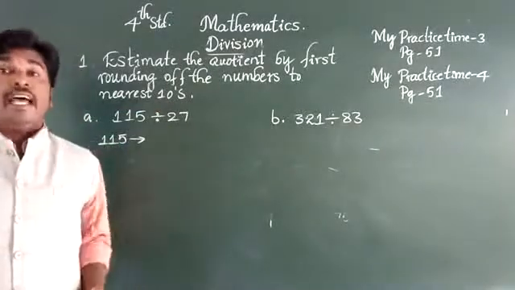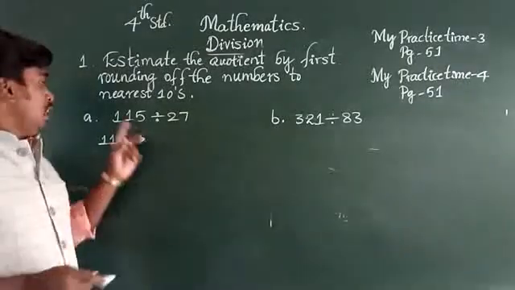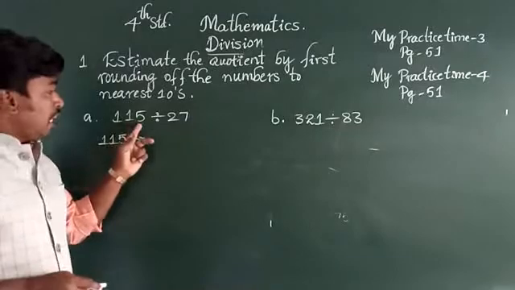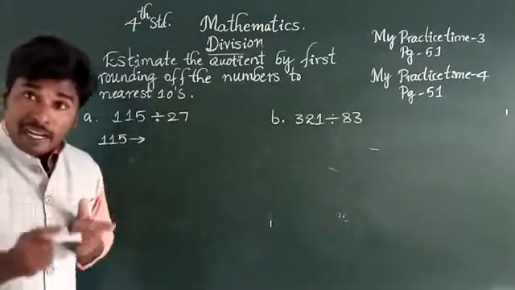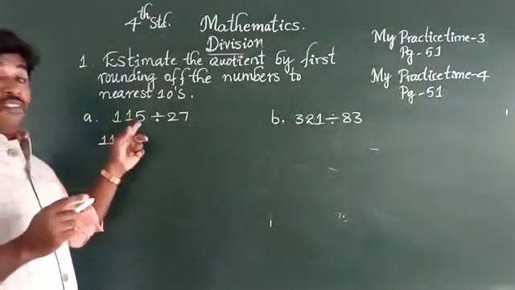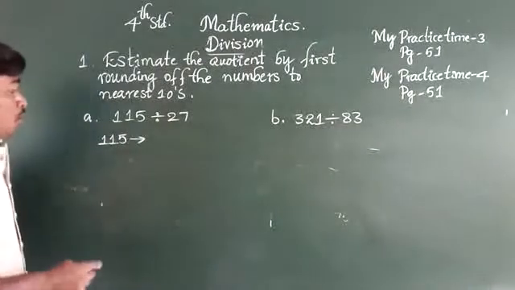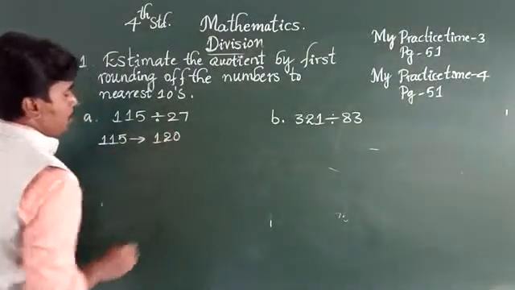If it is less than 5, then you come to the same 10. If it is 4, like 114, 113, 112, 111, then you come to 110. Here, 5 or more than 15, below 120, the nearest 10 is 120.